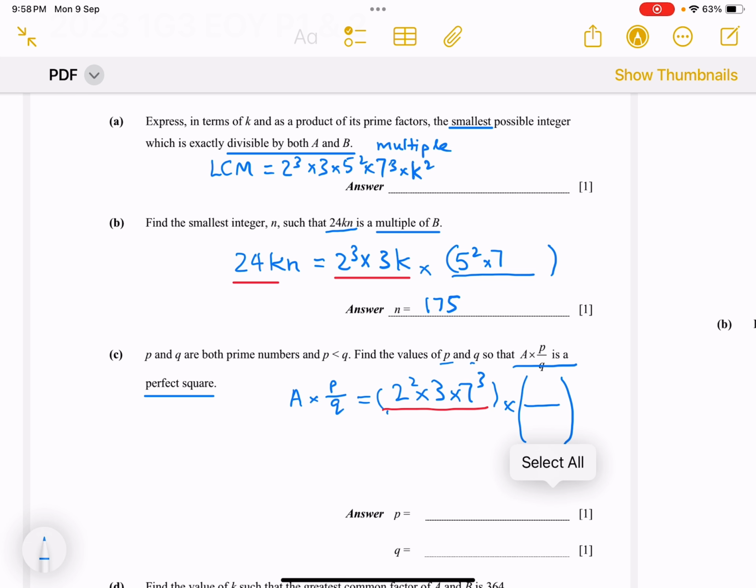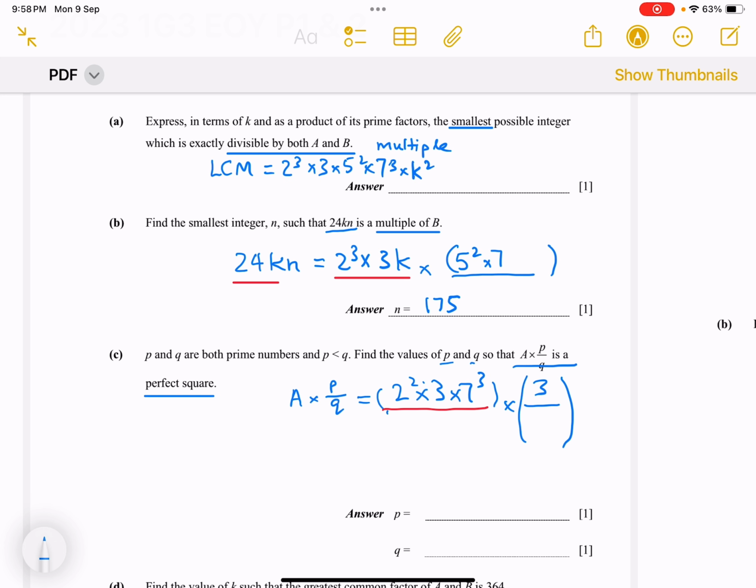Now, a square must have even powers for its prime factors. So A has the prime factors 2, 3, and 7. So are the powers even? Well, 2 has an even power, but 3 does not have an even power. So we need another 3 to create an even power.